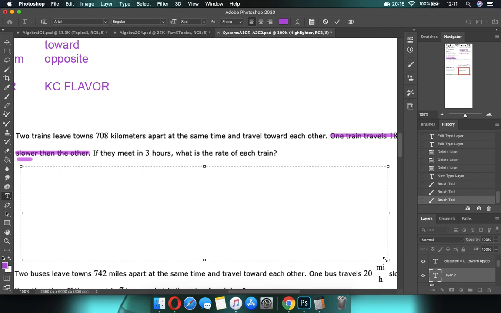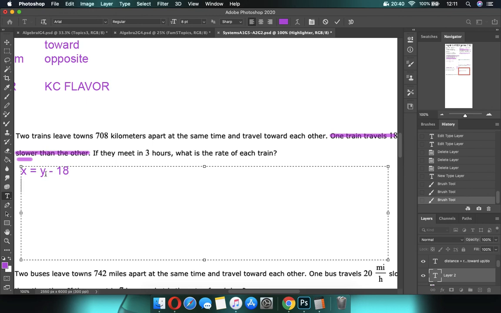One train travels 18 clicks slower than the other. That translates into: one train travels is your x equals, 18 slower is your minus 18, the other is your y.